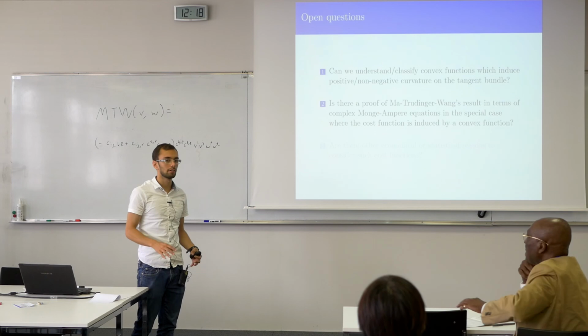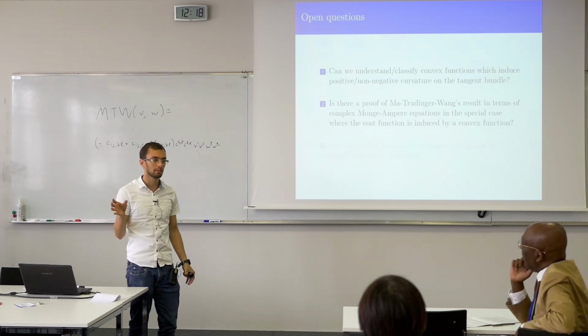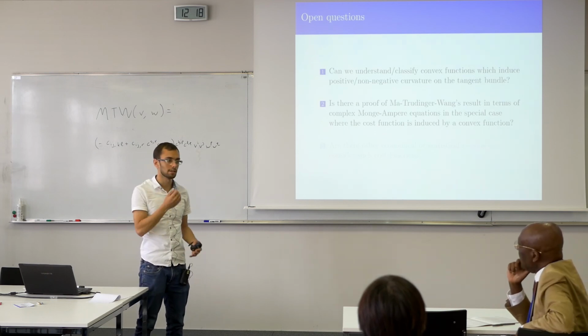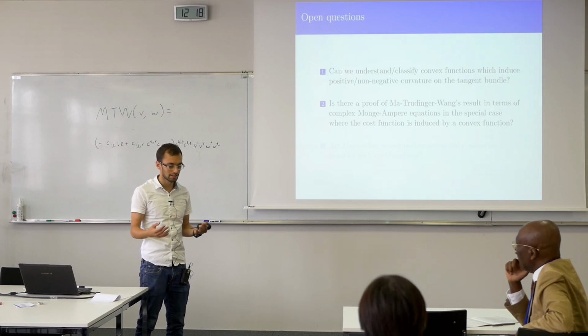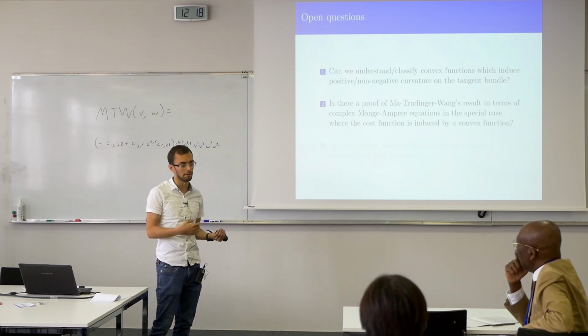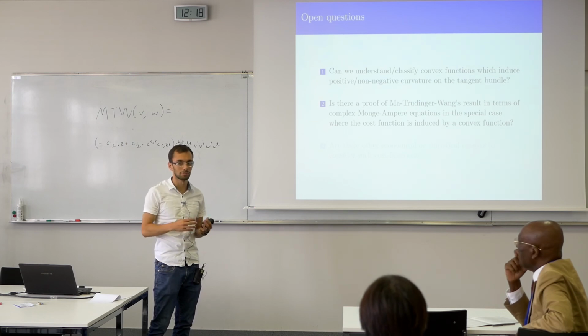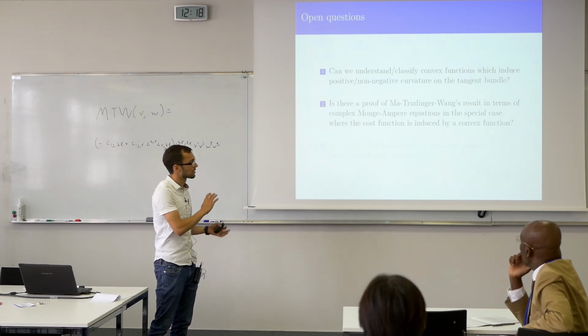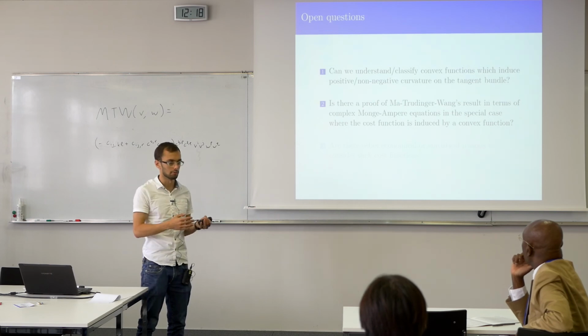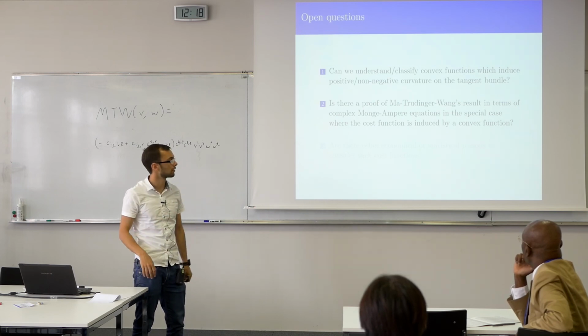The pseudo-Riemannian theory is in some sense better. I'm a complex geometer by background, so this is nice from a complex geometry point of view because we can make nice examples and understand the theory.